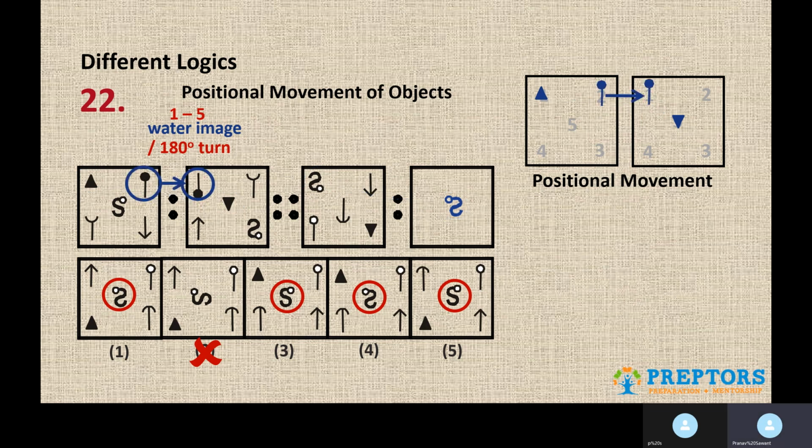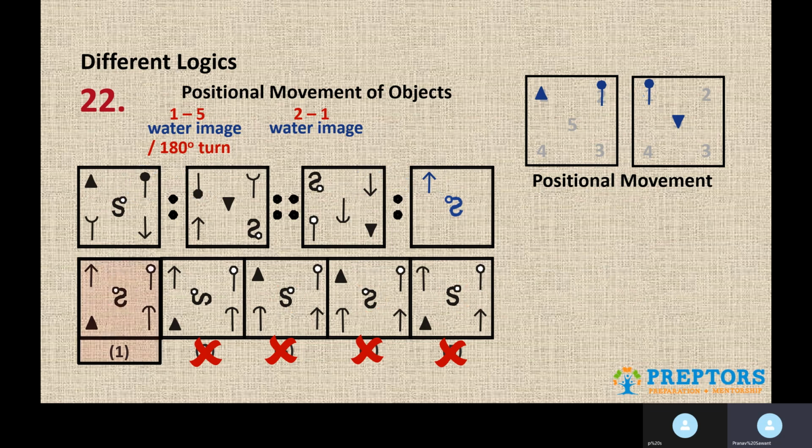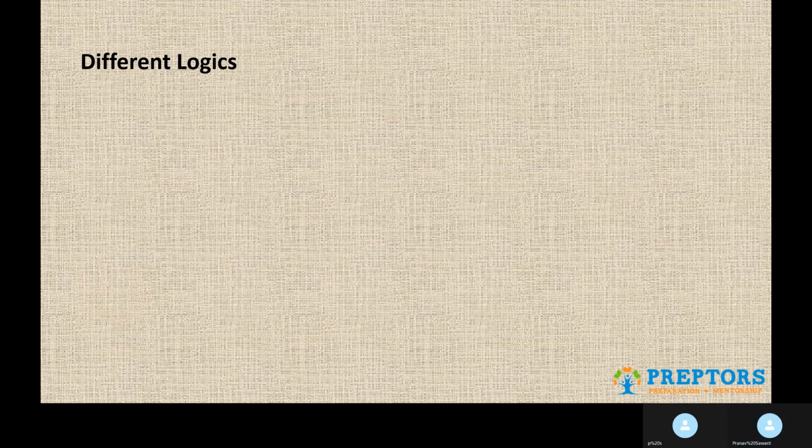The lollipop sign will also be changed. So it is second, it will go to first place. So the arrow sign will also be at first place and it will be a water image. So option 2, option 3, option 4 and 5 will be eliminated. We are left with option 1, hence option 1 is the answer.